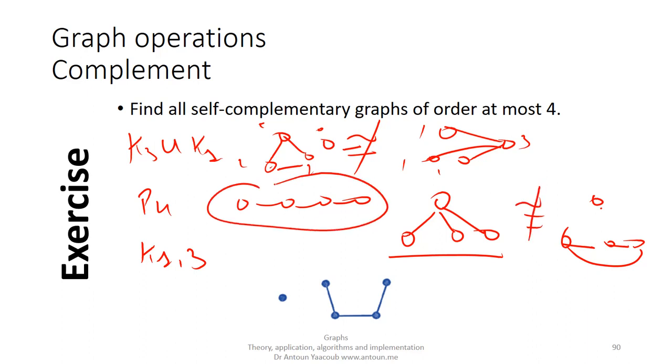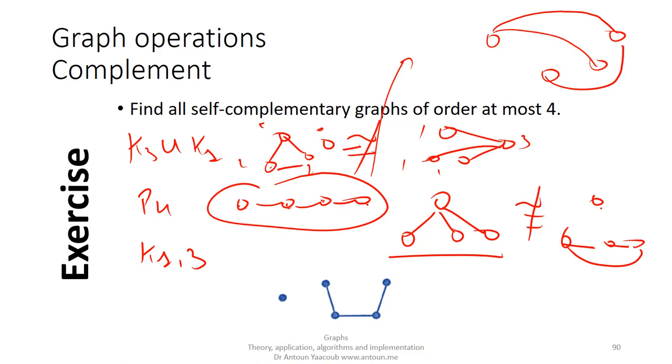Let's draw the complementary graph of this graph. So I have 1, 2, 3, 4. This one is linked only to this, so I need to link it to the other ones. This one is linked to those, so I need to link it to only this one.